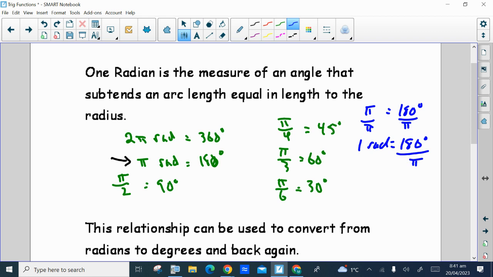So if you have 4 radians, like question 1 below is asking us to work with, we want to convert that to degrees. To make this 4 radians, you'd multiply the left side by 4 and the right side by 4. So it'd be 4 times 180 over pi.